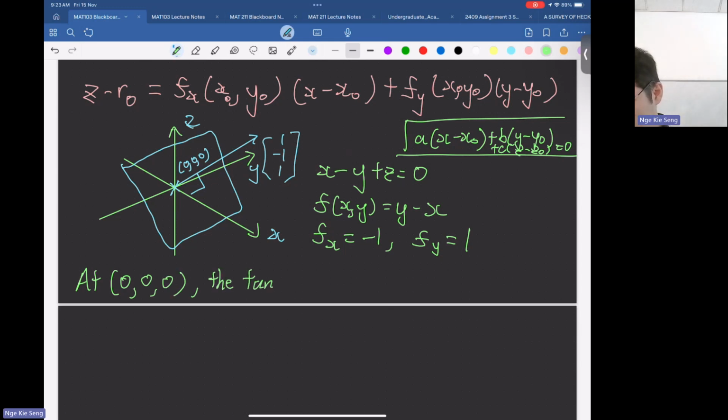The tangent plane at (0, 0) is x minus y plus z equals 0, which is the plane itself.